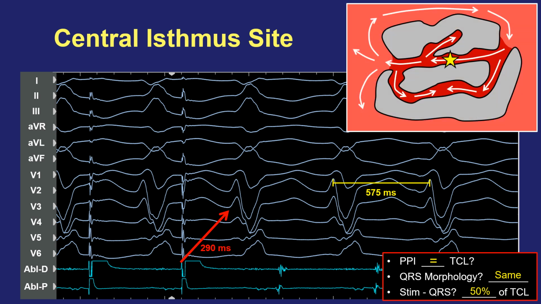It's here, and we're exiting out this way. Notice also, by the way, that the stim to QRS and the electrogram to QRS are the same. That's something that you're going to see if you're in the isthmus for the reasons that we discussed before. Wonderful. Ablate away.